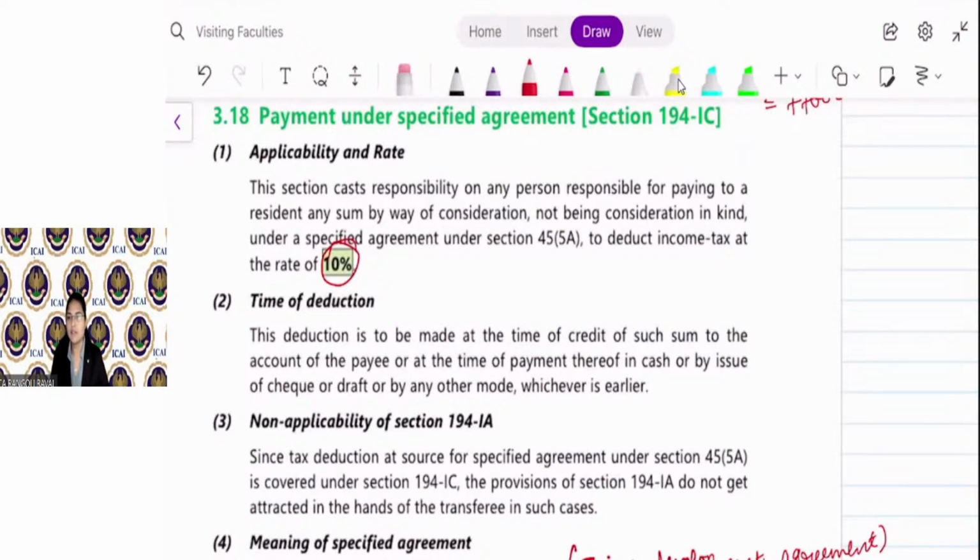That is, if the builder is providing flat to landowner, then TDS on the value of flat is not applicable. But TDS is applicable only and only on consideration in monetary terms. The rate of TDS is 10%. The time of deduction, again, credit or payment, whichever is earlier.